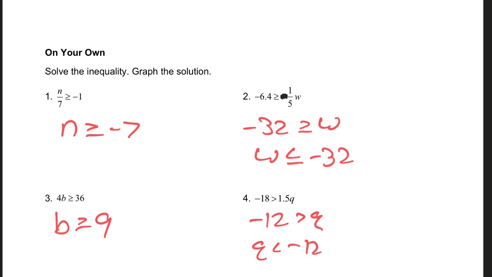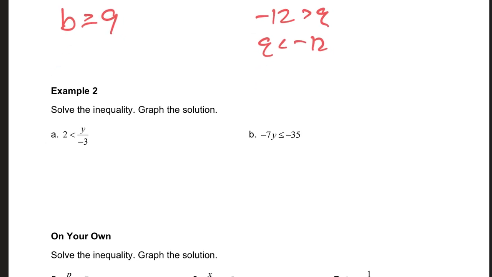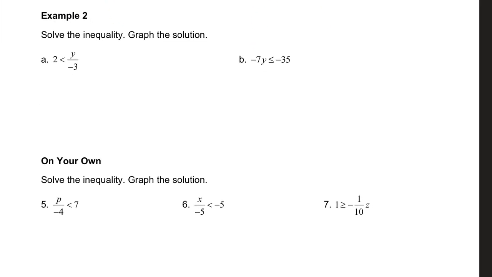All right, now we're going to go to example number 2, where we get into the negatives. If you look at example 2a, I'm dividing by a -3, so I need to multiply. First, I'm going to rewrite this problem: 2 less than y divided by -3. We're going to solve it, and it does say to graph it. I want to get rid of the -3 by multiplying both sides by -3.